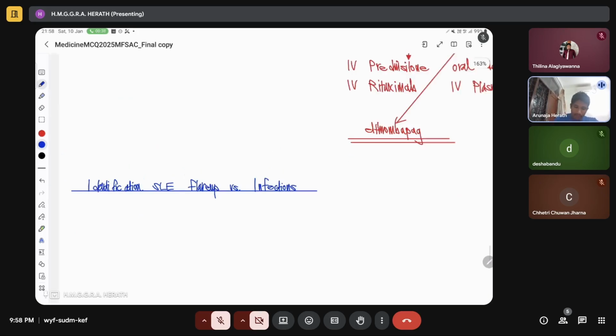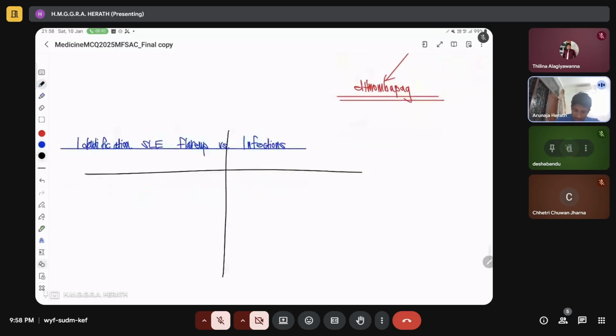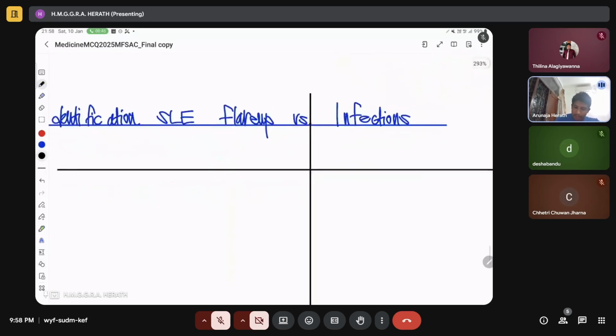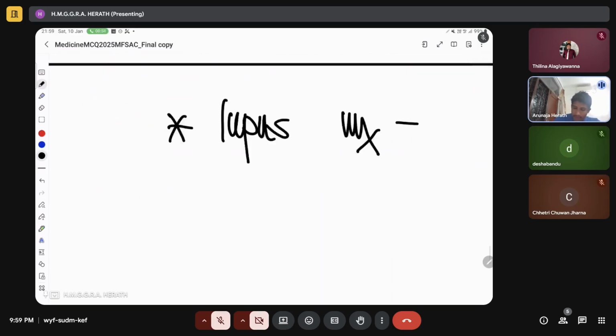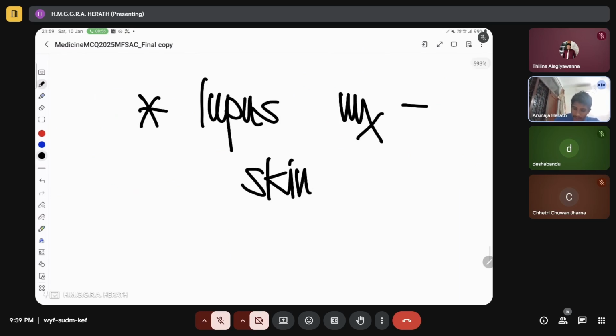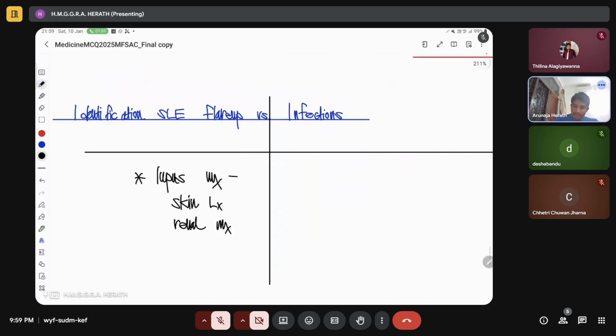The main way we differentiate is by checking for lupus manifestations, such as skin lesions and renal manifestations, the two commonest lesions in SLE.